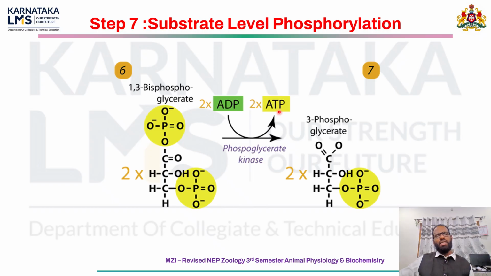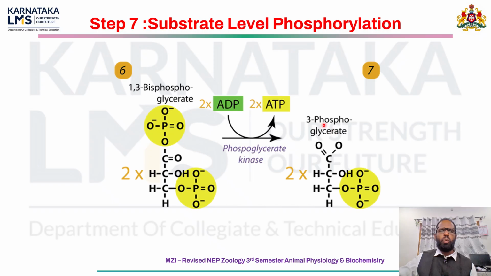Since I already told you that glyceraldehyde is present in two copies, one is directly in the form of glyceraldehyde phosphate itself, the second one is dihydroxyacetone phosphate, and dihydroxyacetone phosphate will also get converted to glyceraldehyde phosphate.